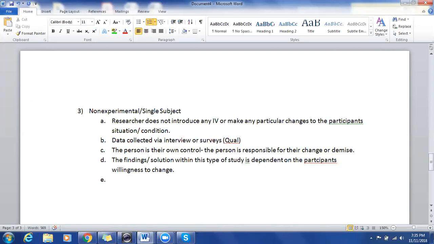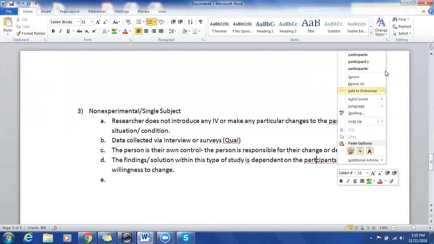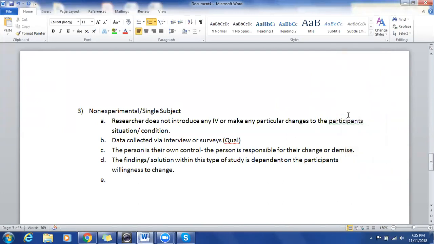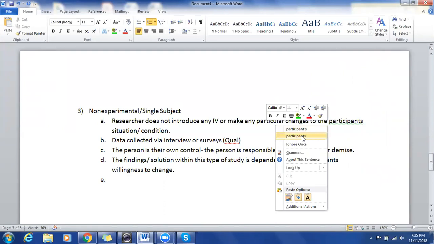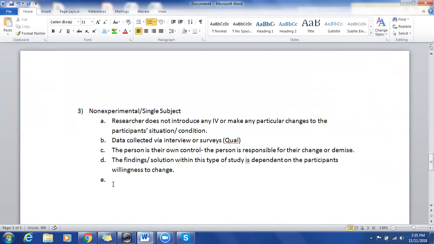But with this, it's very difficult to collect, because you're looking at whether someone wants to change or not. And it'll make more sense when I get an example going. So an example of this is medication compliance.